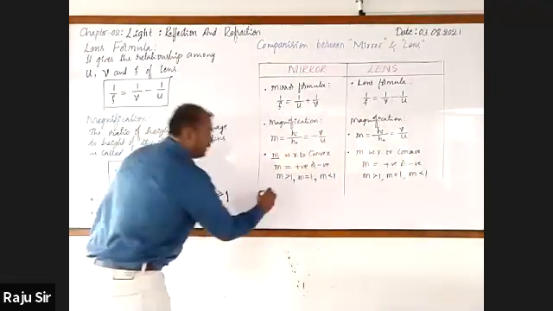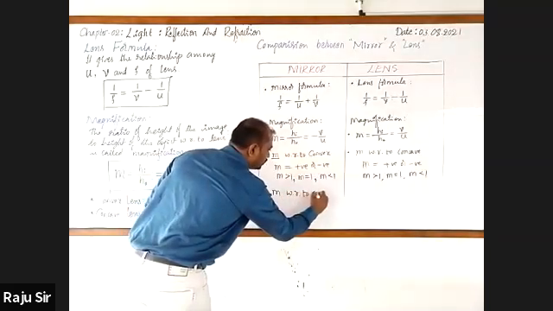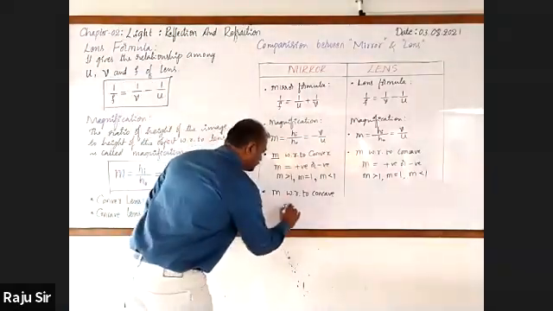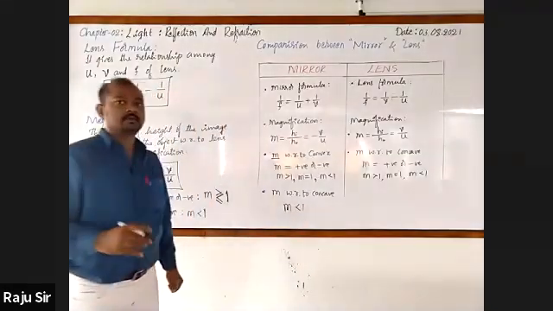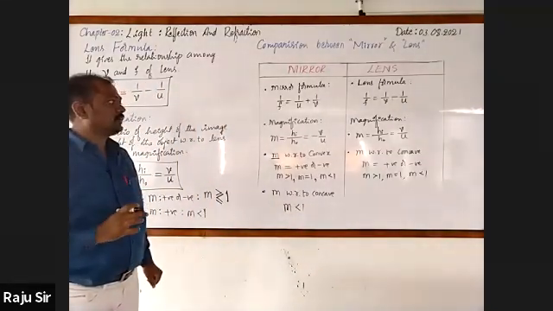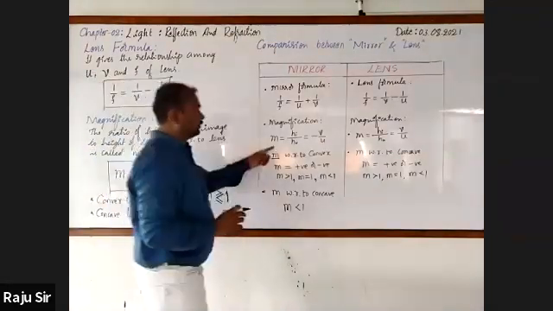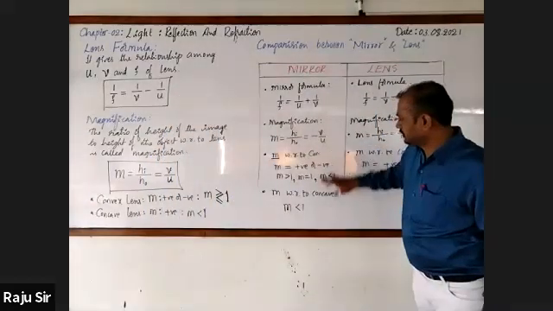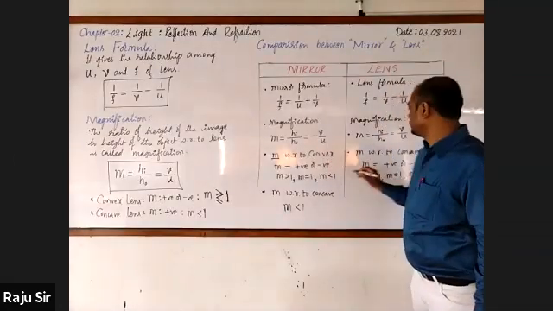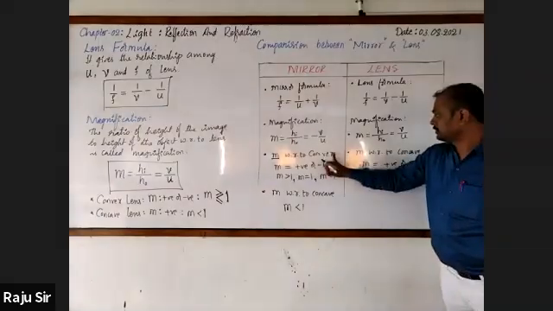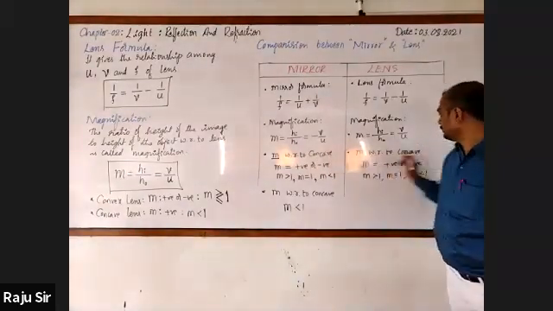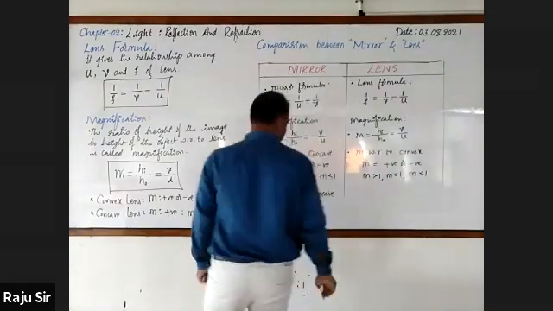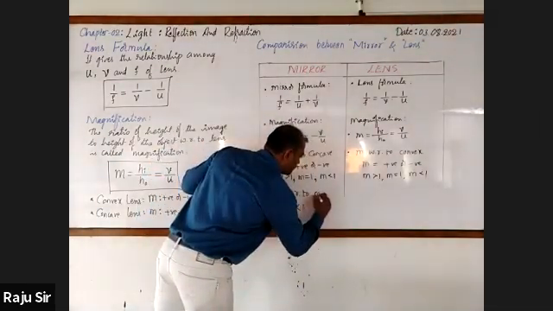Next, magnification with respect to convex lens, greater than 1, less than 1 or equal to 1.